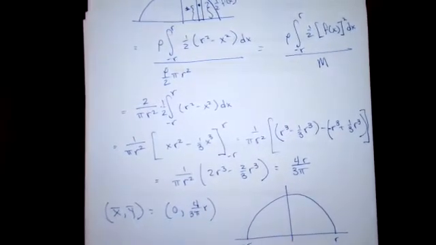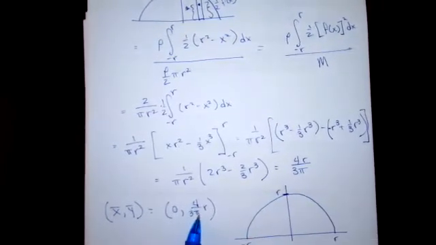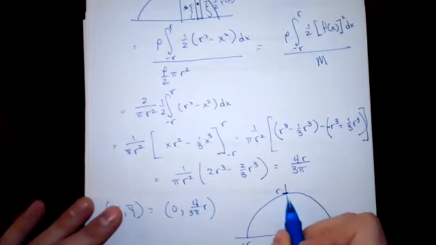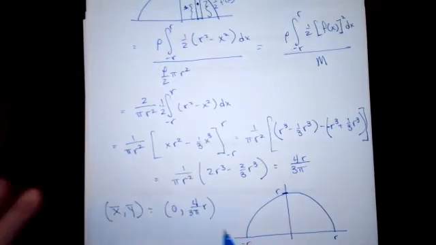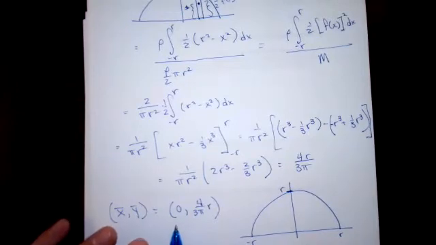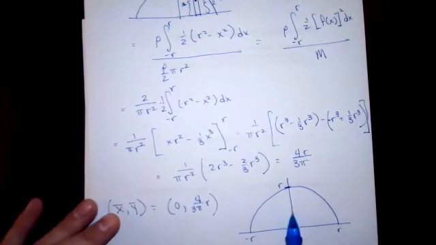4 over 3 pi r, well, of course the top here should be at r. And of course pi is about 3.14, so this is about 4/9 or something to that effect, maybe a little smaller. So 3 times pi is going to be over 10, so it'll be like 4/10-ish, so somewhere less than half. So it looks like my y center of mass will be about there.